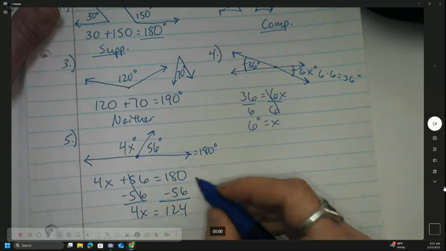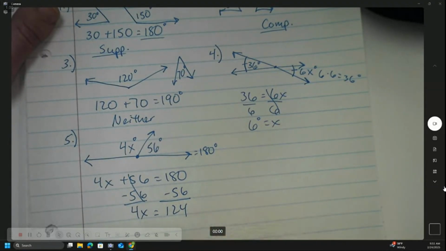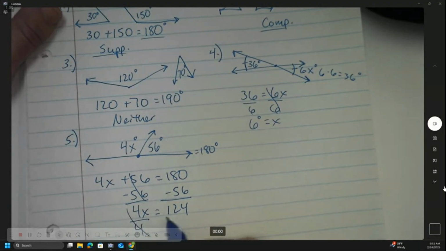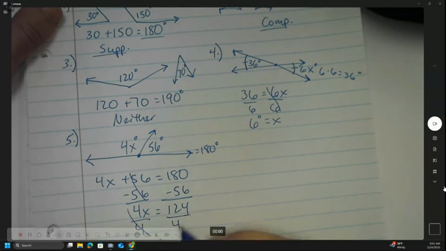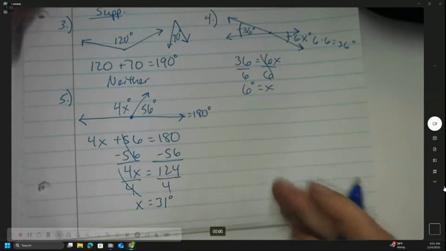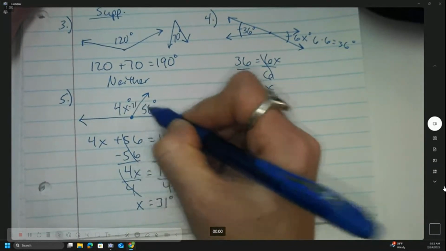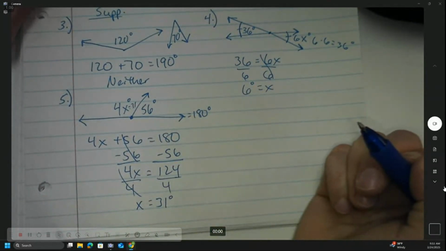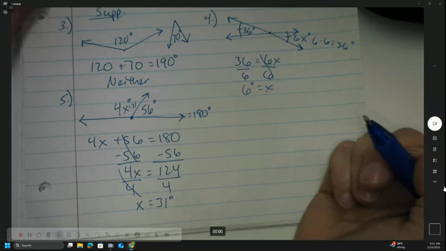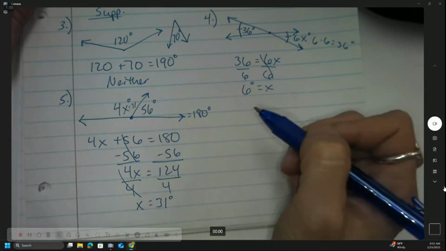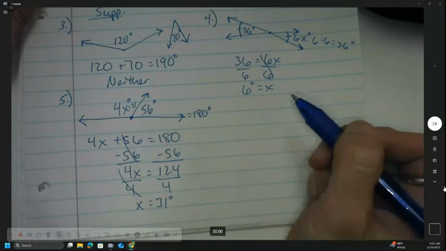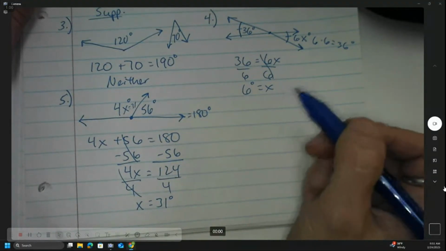You just went from a 2-step to a 1-step. I see 4 times x. The opposite of times is divide. We're going to divide each side by 4. X equals 31 degrees. So that means 4 times 31 equals 124. Yes, that would equal 124, which would be that angle.